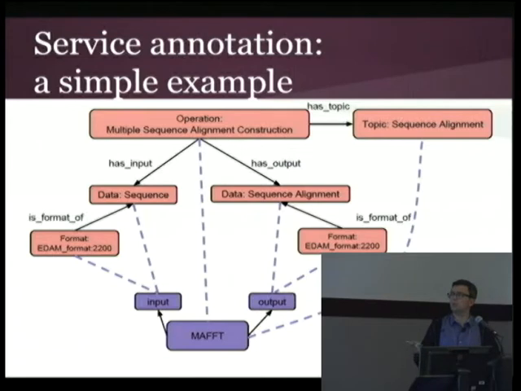Its main input is a set of sequences, and its main output is a sequence alignment. The format of its input and output, for instance, here is FASTA. I just put this to simplify the example.